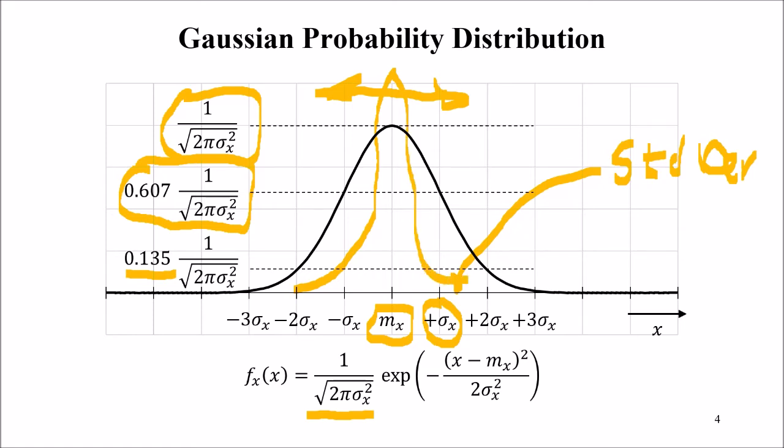And if you make the variance larger, its peak value will be less and it will be more spread out, wider. The two terms that completely describe the shape of the Gaussian probability density function are the variance, which shows up two places in the equation, and the mean value, which shows up one place in the equation.